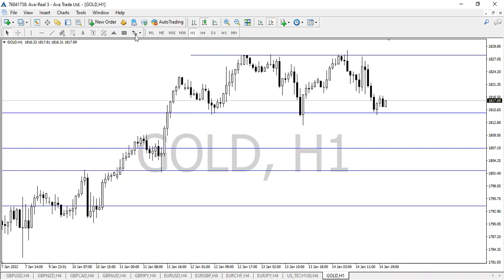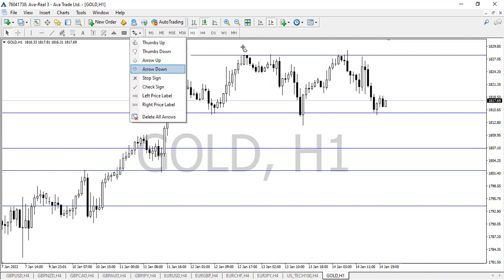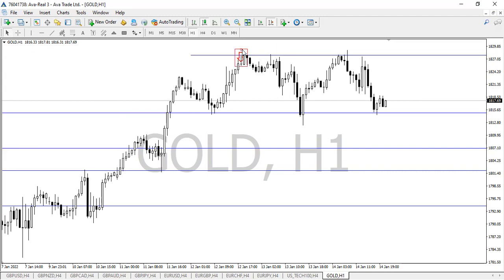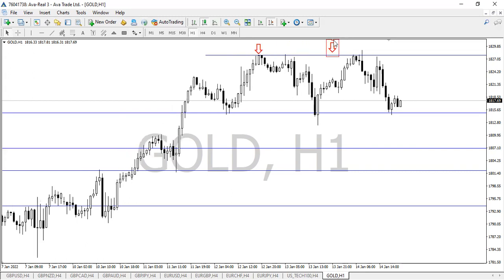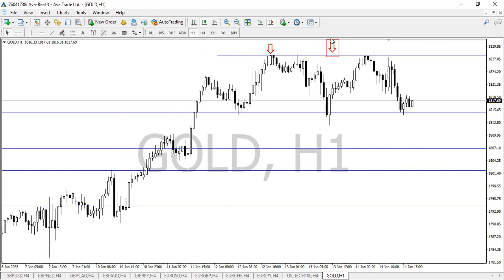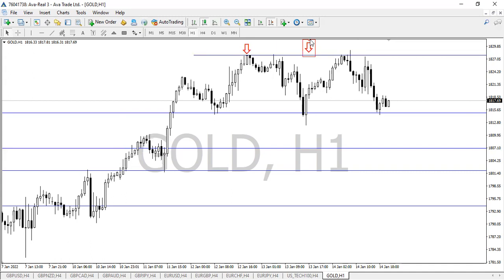Now, our key points. Number one, it's this one. This is the number 1 point. Number 2, we have this one. But for obvious, we'll say this is our number 2, when we talk about obvious.